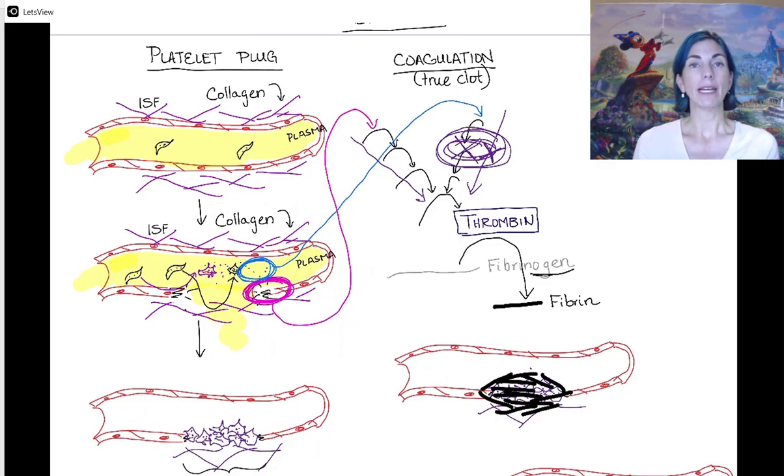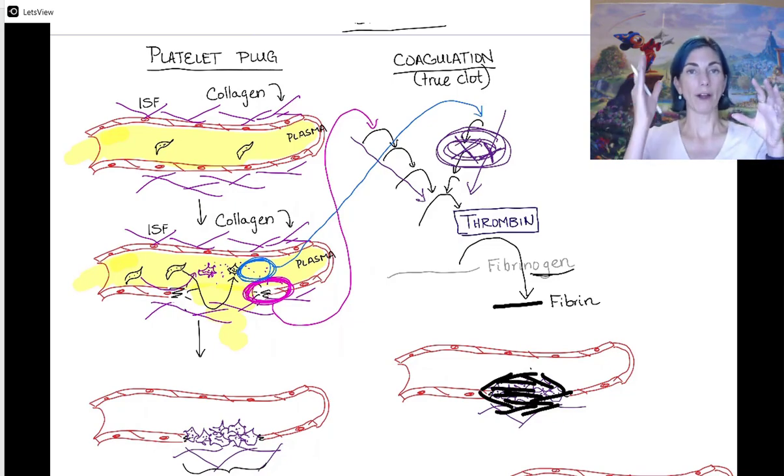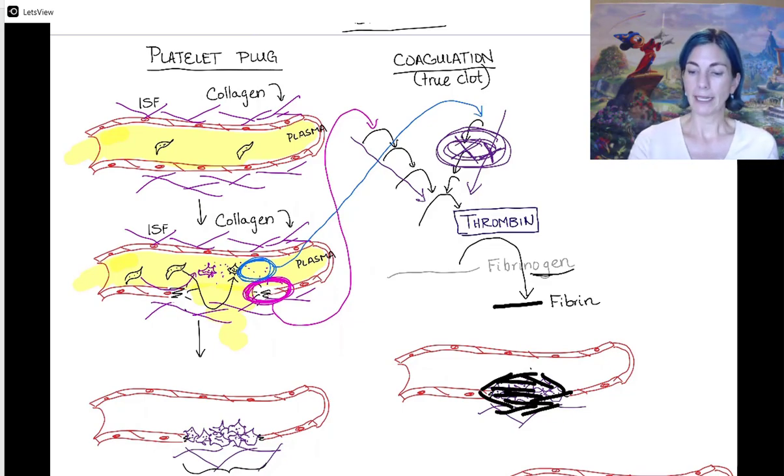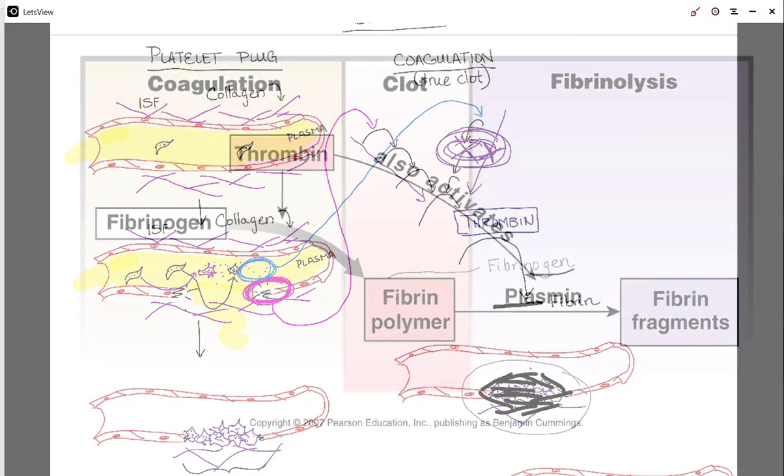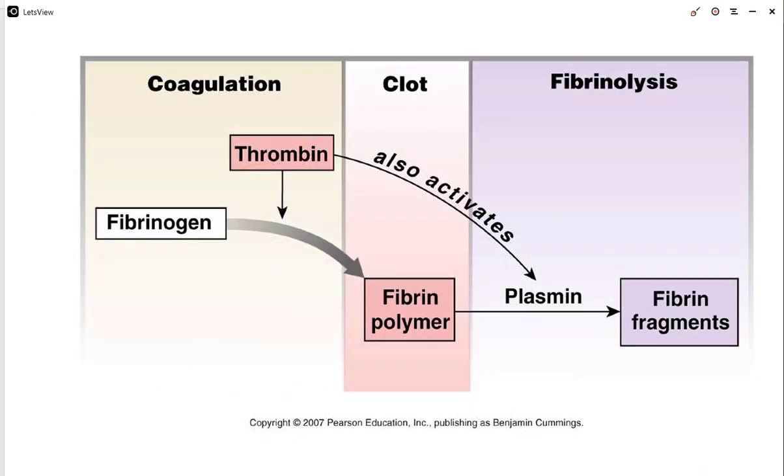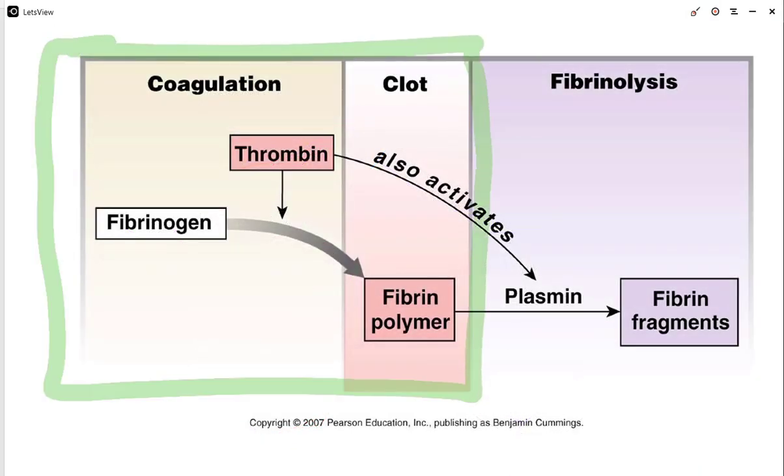Their end game is to activate thrombin. Thrombin is an enzyme that takes fibrinogen, which is a long structural protein that's dissolved in water, cuts it off, and that makes fibrin. Fibrin comes out of solution and basically reinforces the platelet plug to form a clot. So what we have discussed is just right here.